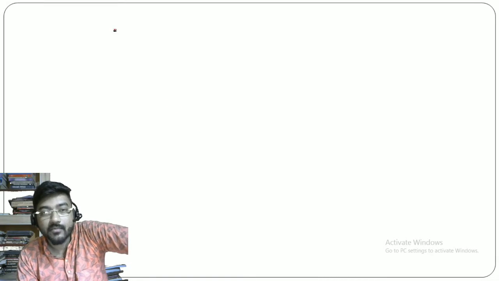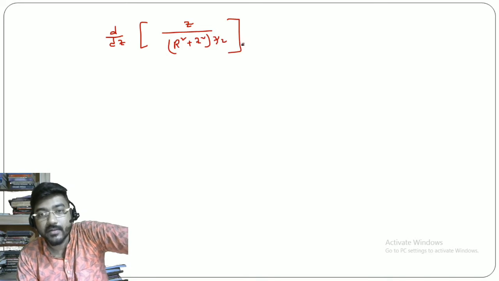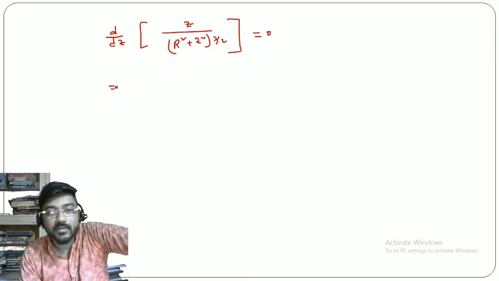So what we have is just d dz of z upon r square plus z square to the power 3 by 2. This is just u by v differentiation. So what will this be?